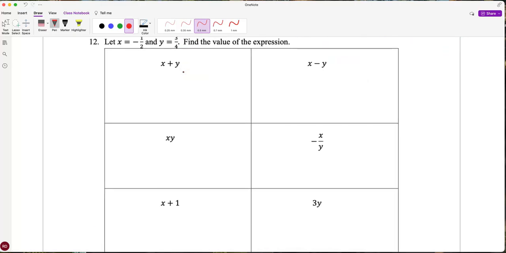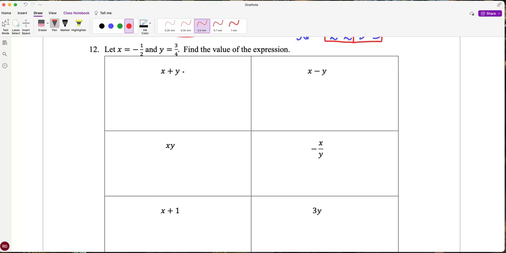Find the value of these expressions. Okay, so x plus y, that's going to be negative 1/2 plus 3/4. Common denominator is going to be 4. So this is negative 2/4 plus 3/4 equals 1/4.